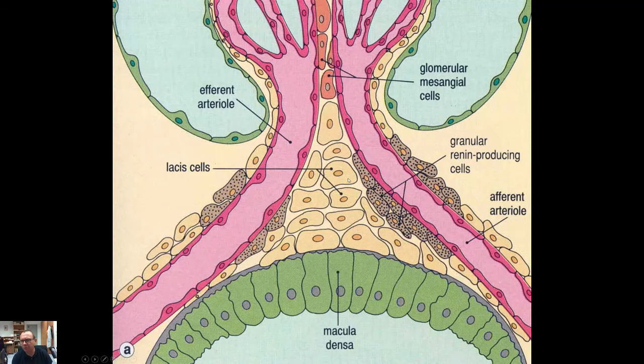So let's look at the morphology of the juxtaglomerular apparatus. These extraglomerular mesangial cells can sometimes also be called Lacis cells, and they don't differ from the cells you know from the corpuscle. Cells of macula densa are higher than the other cells of the distal tubule.